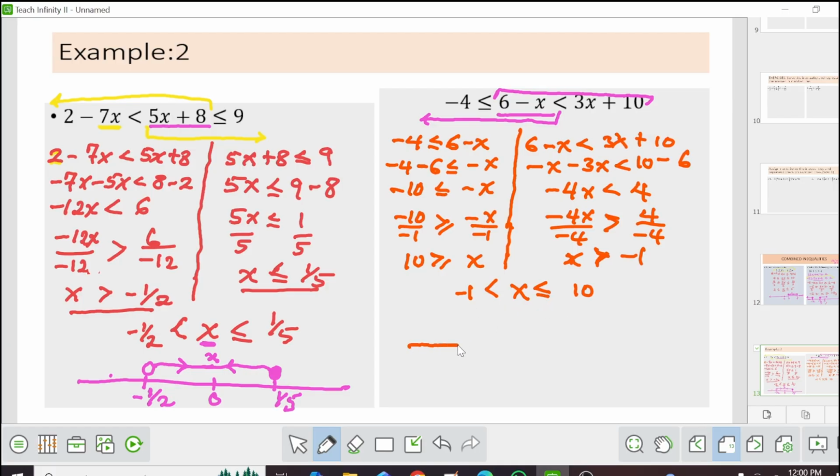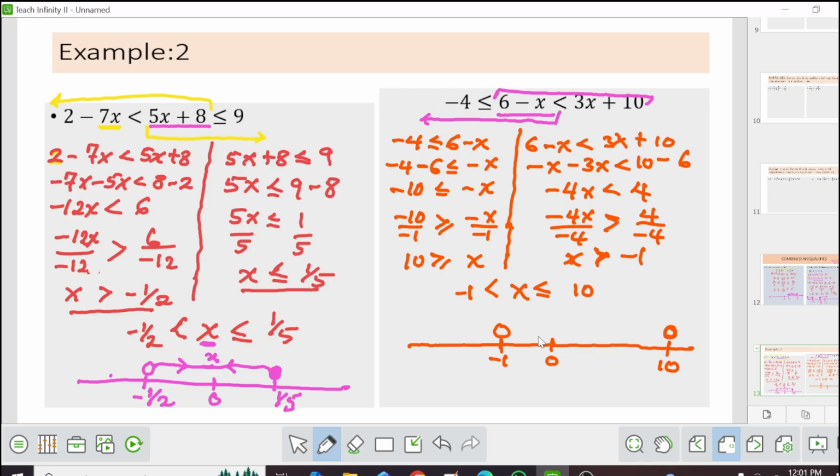Then you can draw the number line. So to draw the number line, you put your 0 here to show that this part is positive numbers, this one is negative numbers. So minus 1 will be here, then 10. 10 is far away, so this is just a sketch.